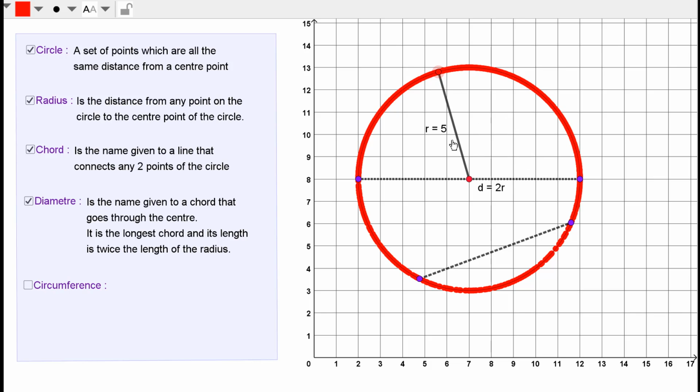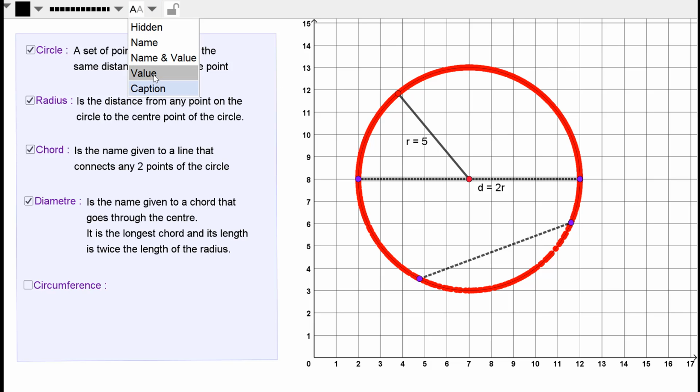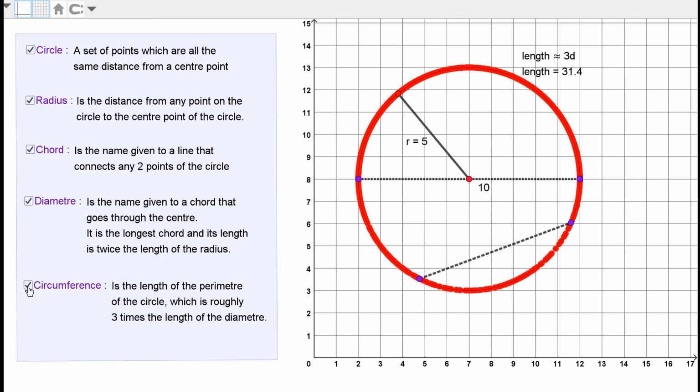Or actually, the plural of radius is radii. So the diameter is the same length as 2 radii. Now my radius here is 5 units in length, which means my diameter is going to be 10 units in length.